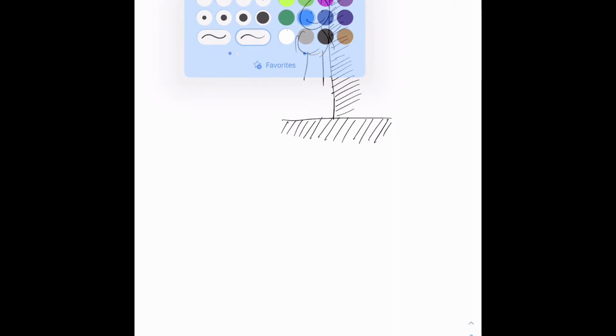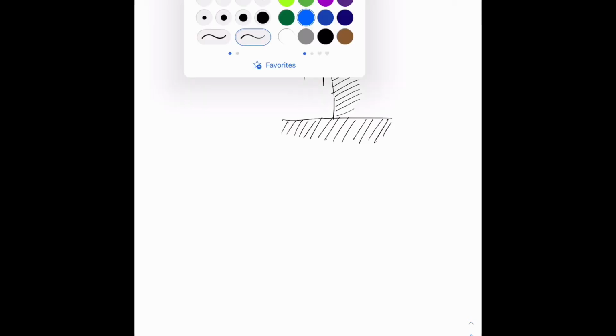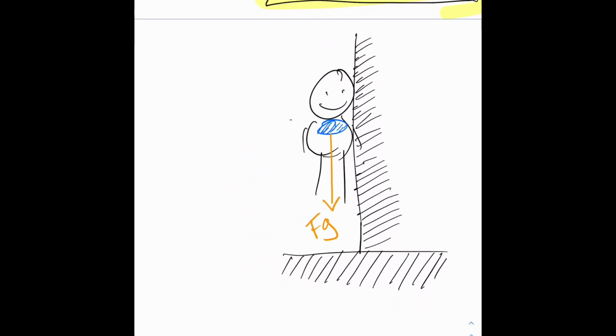Okay. So something I want to point out here, then let's free body diagram. Let's think of what forces we would normally have here, right? The first one would be force gravity. I think everybody would get that one. The next one would be what here?